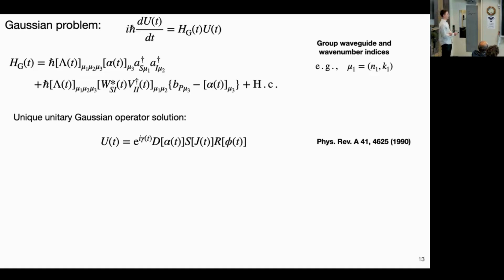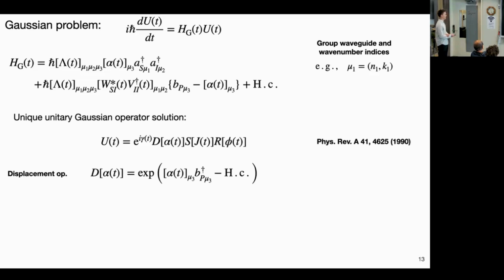Given the form of this problem, it was shown in this paper that the unique unitary solution is given by a general Gaussian unitary. I can write it as a displacement operator, a squeezing operator, a rotation operator, and an arbitrary real phase gamma of t. So here's the displacement operator.